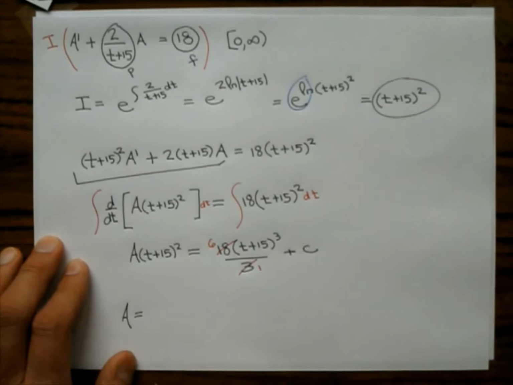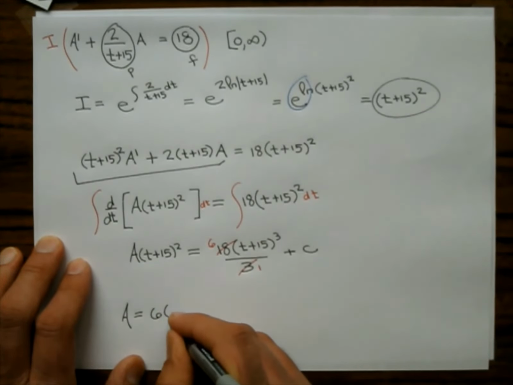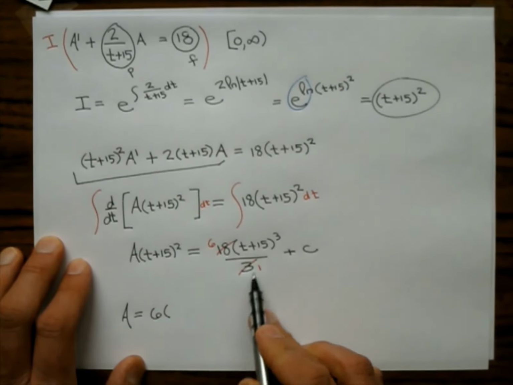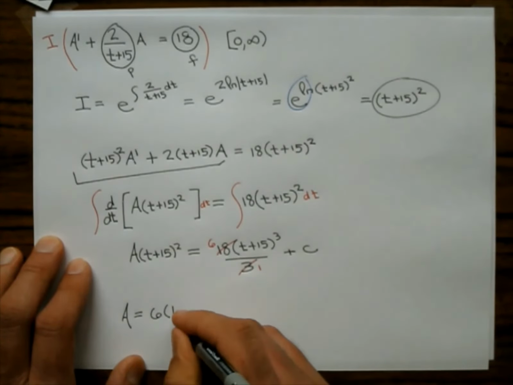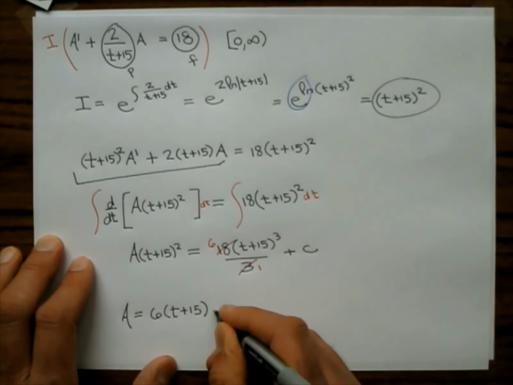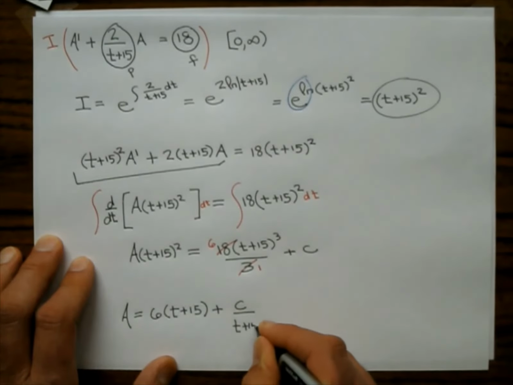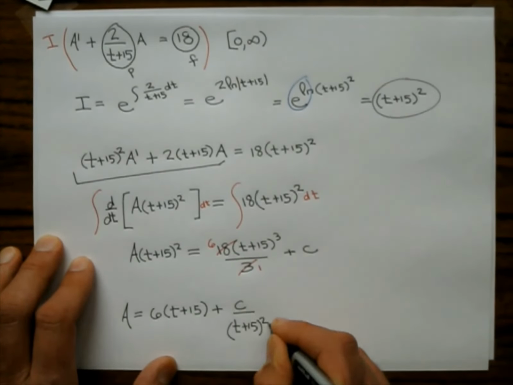The amount equals 6. So when we're dividing, be careful with these exponents here. This is t plus 15. And then I'm going to get plus c over t plus 15 squared.